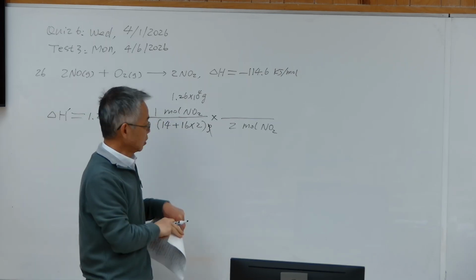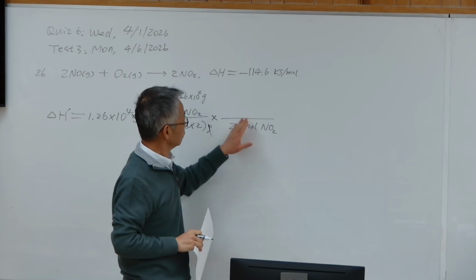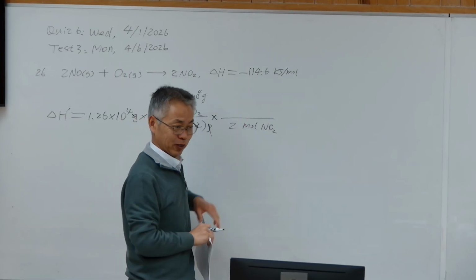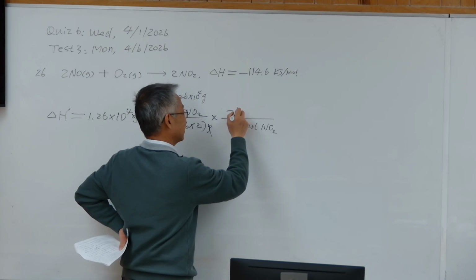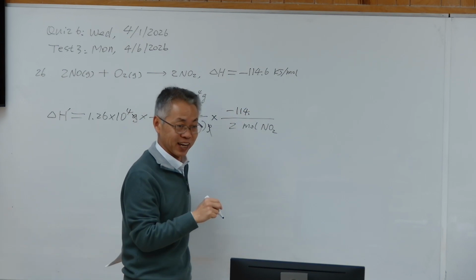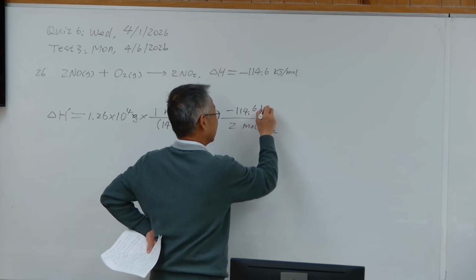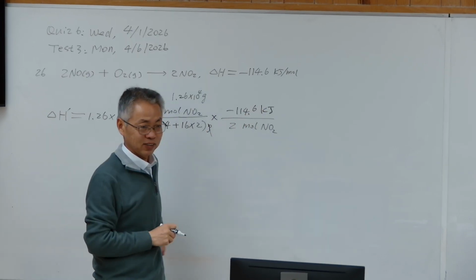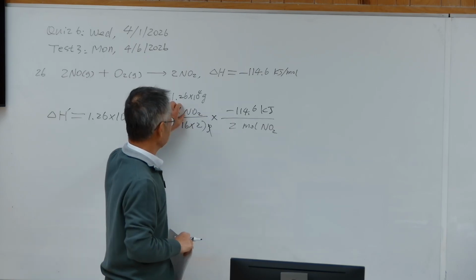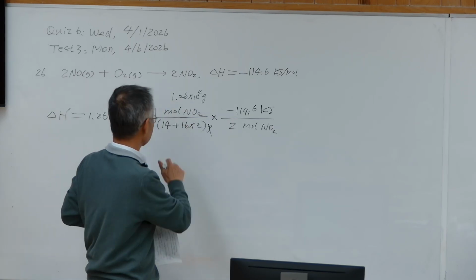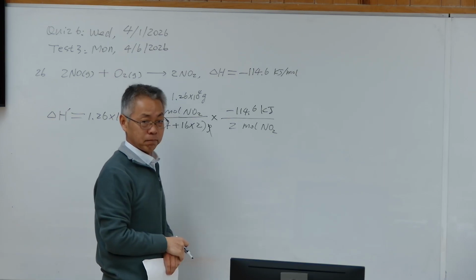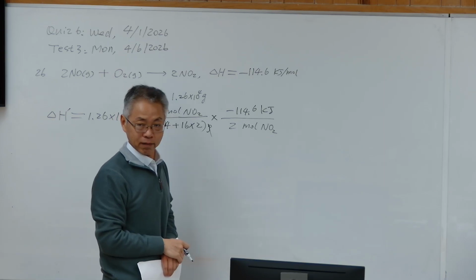Now every 2 moles of NO2 produces this amount of heat, not 1 mole of NO2. Finally we need to figure out how many kilojoules of heat are released. That's why moles are in the bottom: you already have moles of NO2, so moles cancel and leave kilojoules. Can you get it?